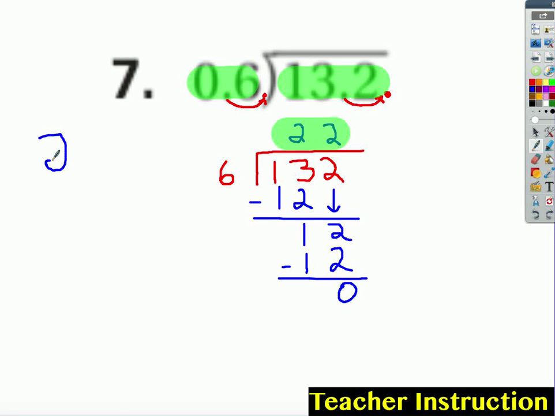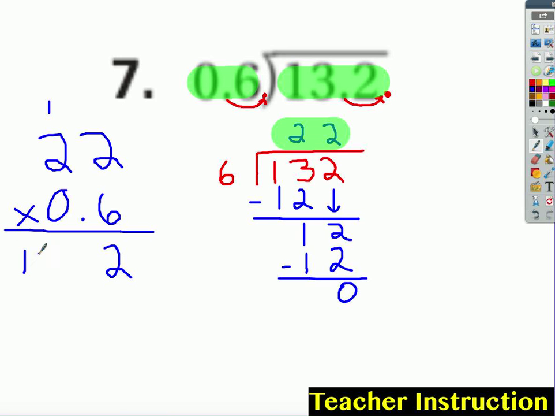So 22, writing with a mouse is not easy, times 0.6, because that's my original divisor. That's 12, carry my 1, that's 13. I don't need to do times 0, because isn't that all just going to be zeros? How far over is the decimal? 0 here, 1 here, so it would be right there.